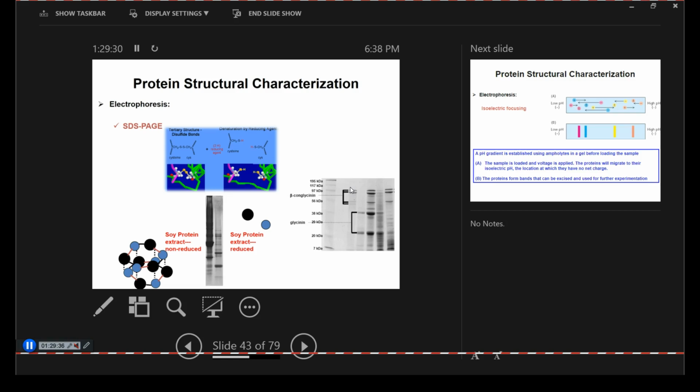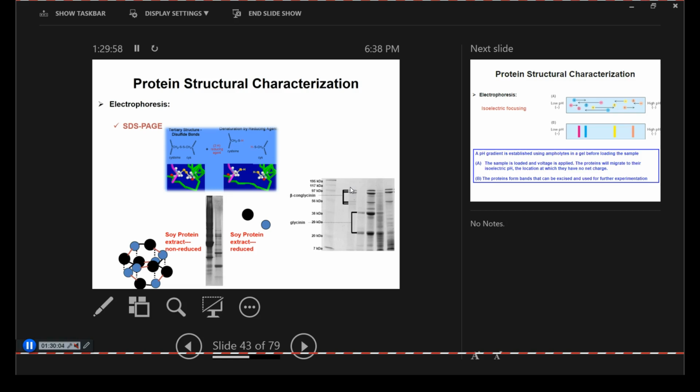The papain hydrolyzes specifically beta-conglycinin, and then this has been treated with pepsin. Pepsin targets glycinin subunits. So the aim is if I hydrolyze glycinin, I enhance the emulsification of soy protein. If I hydrolyze beta-conglycinin, I enhance the gelation properties of soy protein.